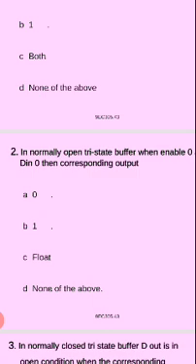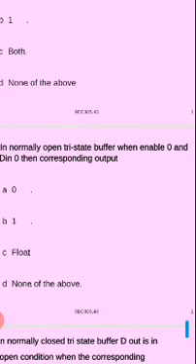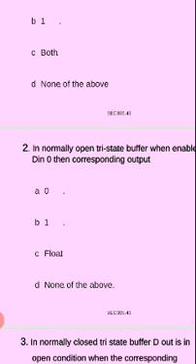In normally open tri-state buffer, when enable is 0 and D in is 0, then the corresponding output is: option A 0, option B 1, option C float, option D none of the above.